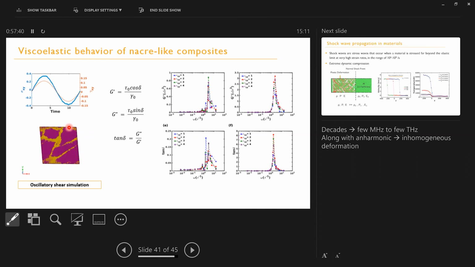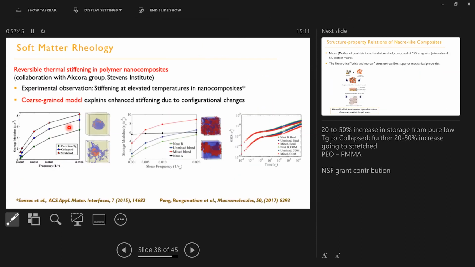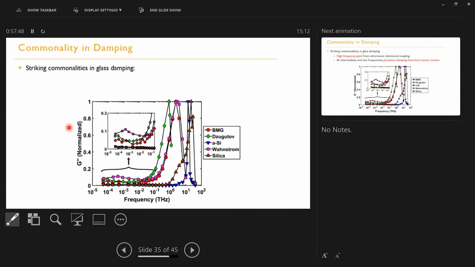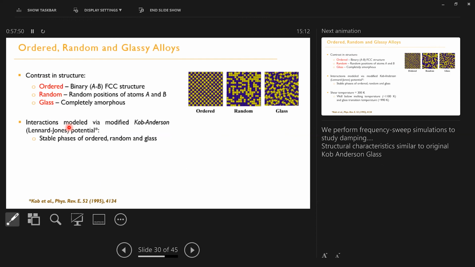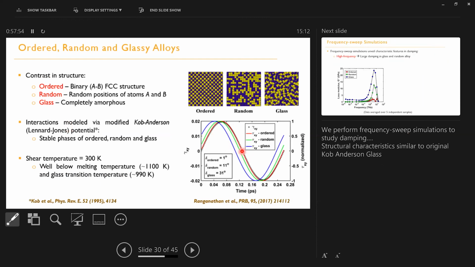This is dynamic modulus. So the stress strain relation that I have shown is not over just one cycle of deformation. We repeat this deformation over hundreds of cycles, and we take an average stress and average strain. And this deformation is because of the cyclic nature of the input.